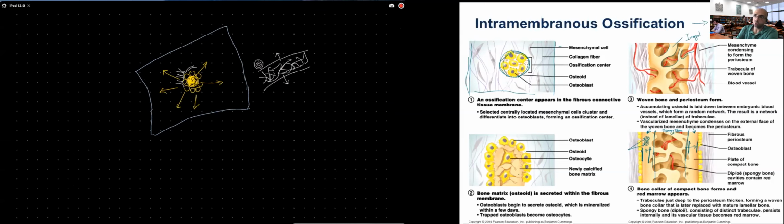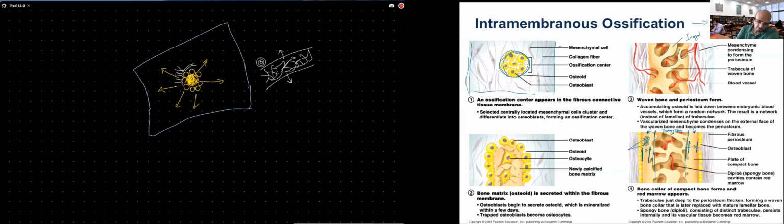That's why we're going to have fontanelles. What are the fontanelles? Those are the soft spots in the skull of the baby after birth.